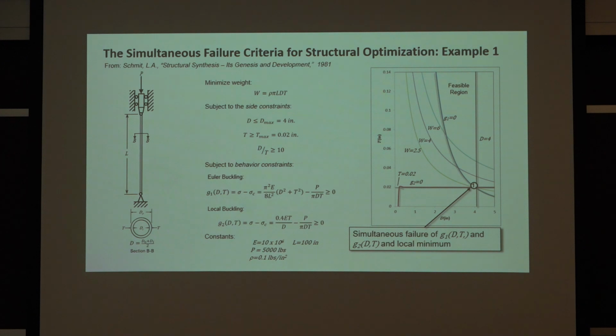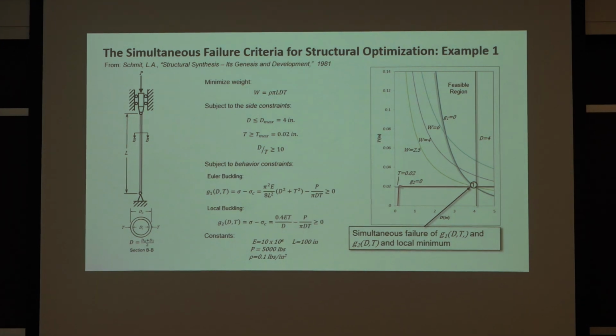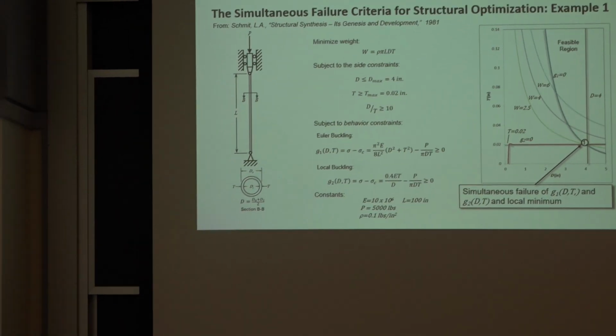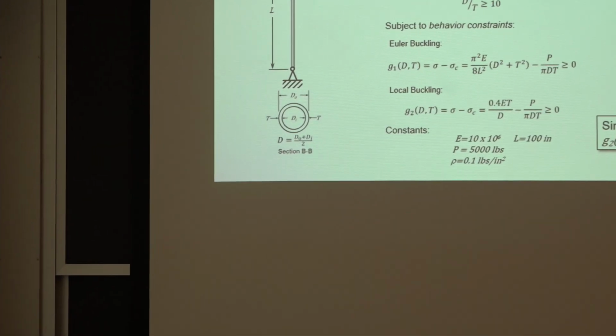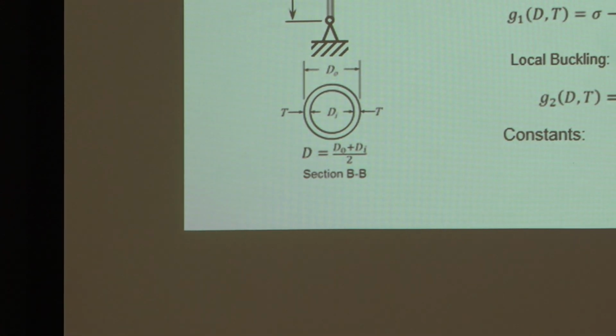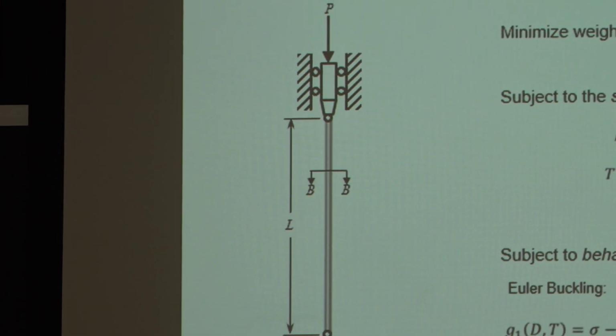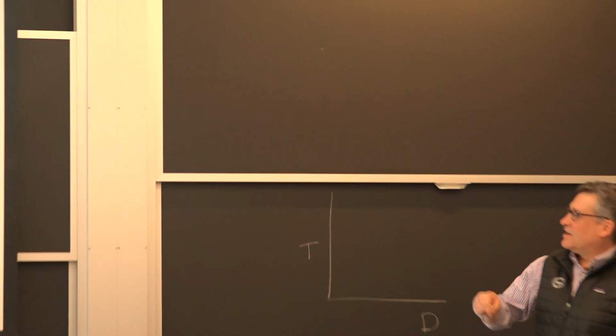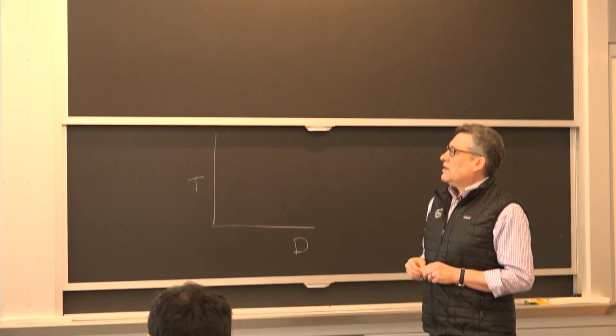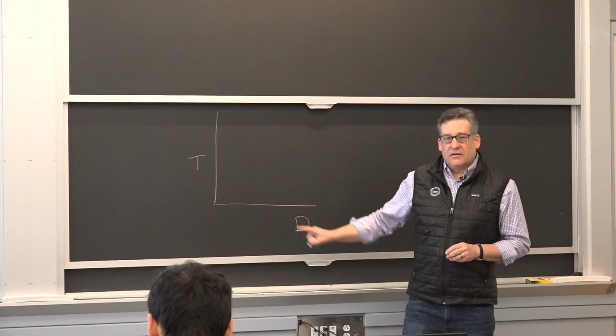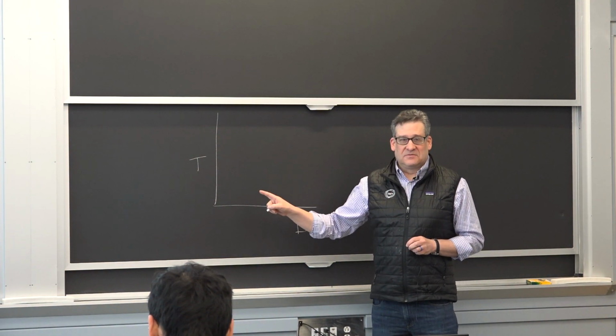You can begin to think of this in terms of a design space. This is a concept I really want you to think about: design space. On one axis you have the wall thickness. On the other axis you have the diameter of the tube. With those two variables, knowing the density of the material and the length of this column, it's very easy to start plotting constant weight contours.